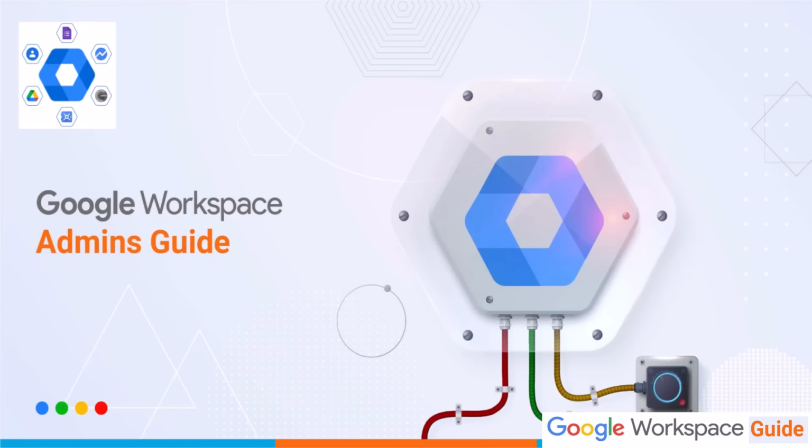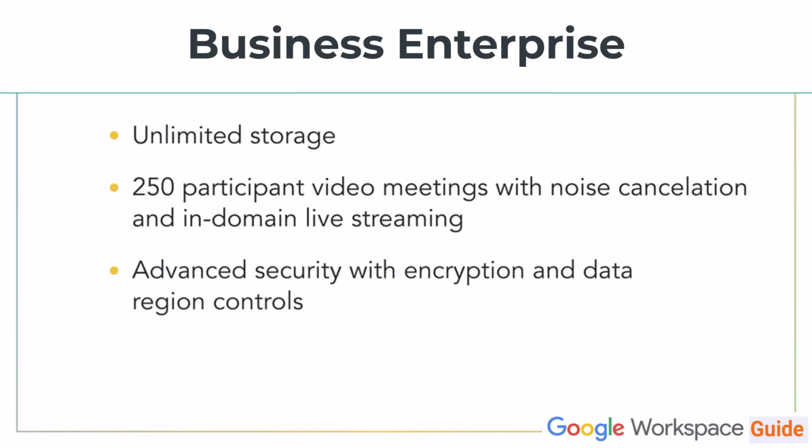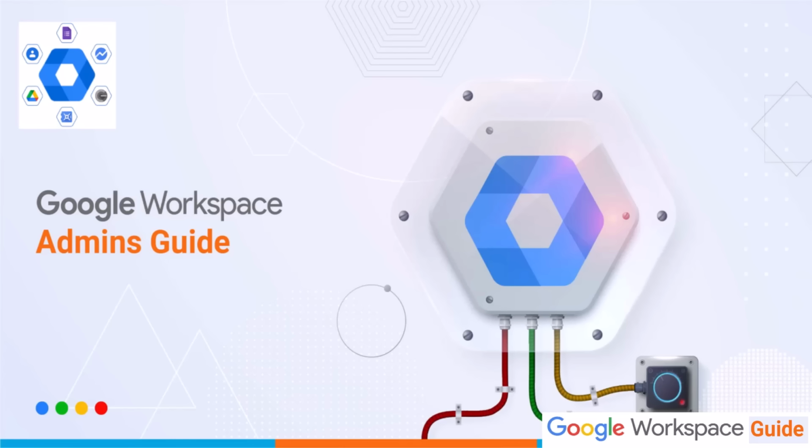Finally, Enterprise includes unlimited storage with video meeting capabilities that include noise cancellation and in-domain live streaming. Advanced security controls also include encryption, enterprise endpoint management, data region controls, and the highest level of priority support.